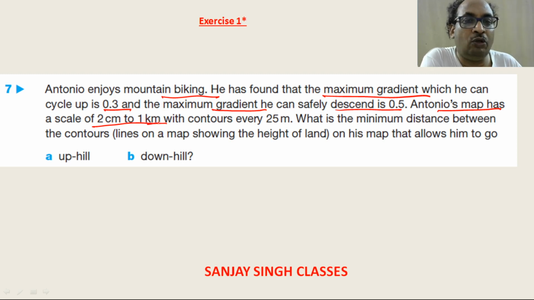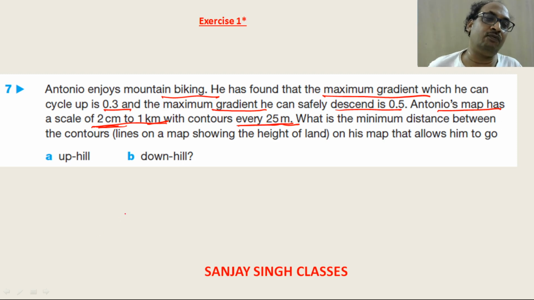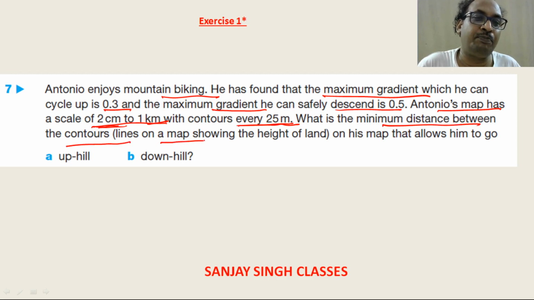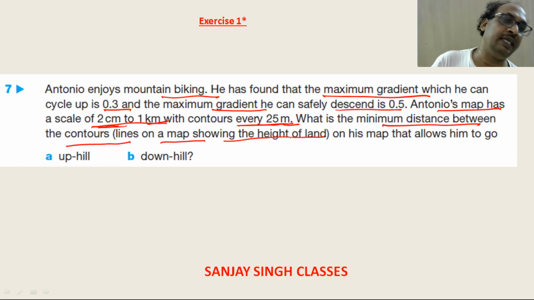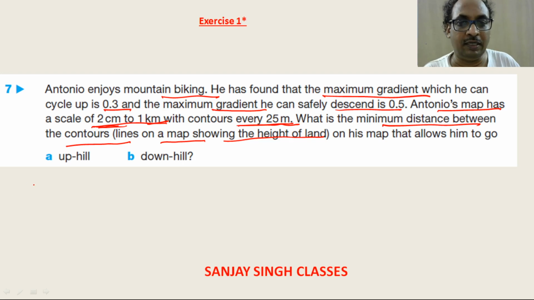Means for 1 kilometer, he is utilizing in his graph 2 centimeter with contours every 25 meter. What is the minimum distance between the contours, that is lines on a map, showing the height of land on his map that allows him to go uphill and downhill?